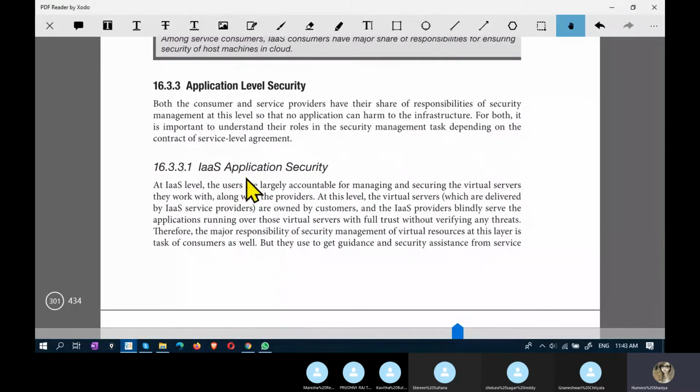And then application level security, the third one. In this, the provider and the consumer should ensure that no application can harm the infrastructure.